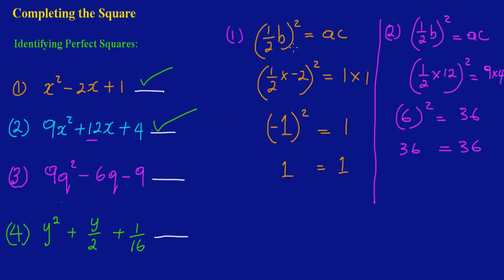Okay, all right, in number 3 we have 9q squared minus 6q minus 9.